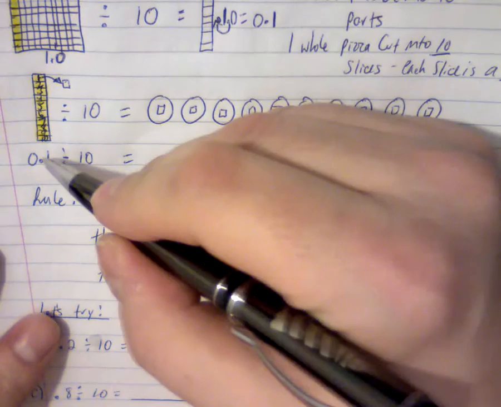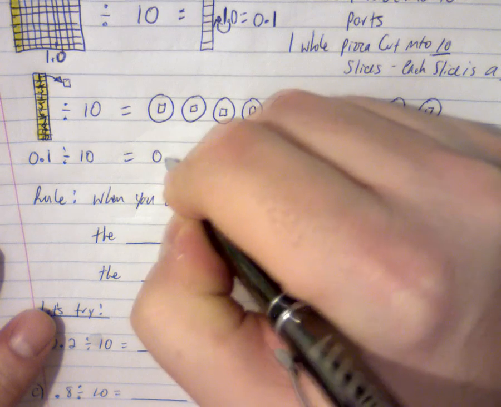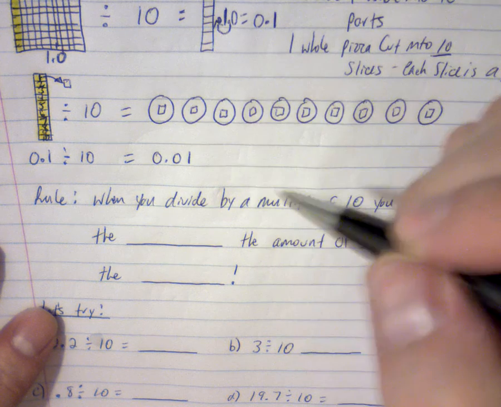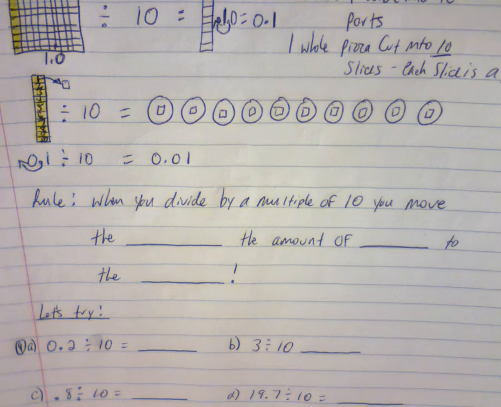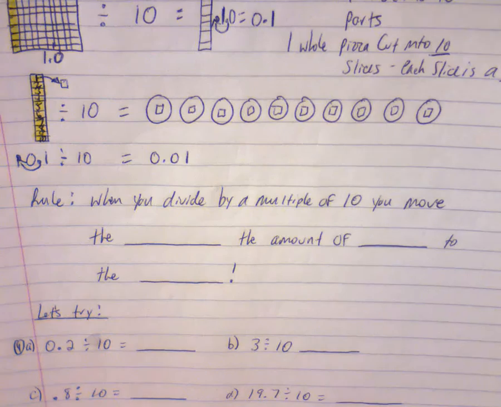So a 10th divided by 10 gives me 0.01 or 1,000th, because all I did is I took that decimal and I moved it over one place to make decimal 0.01.